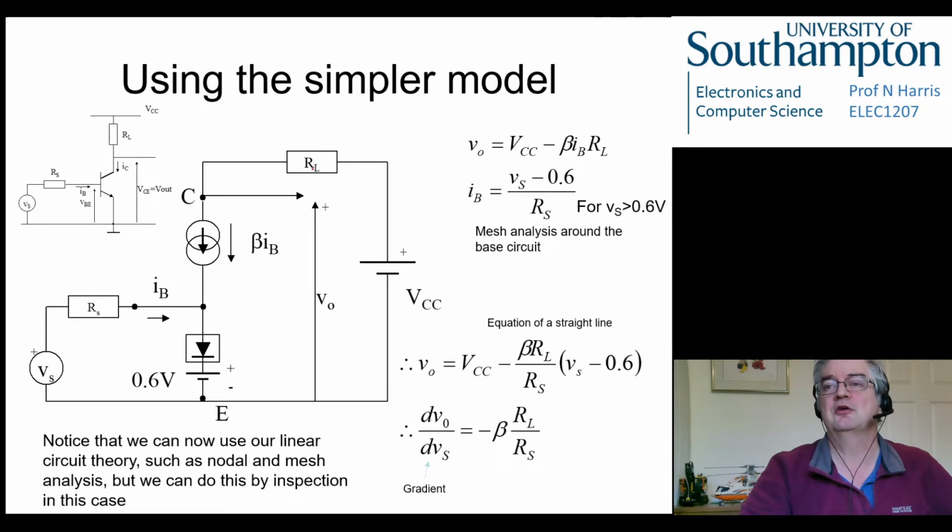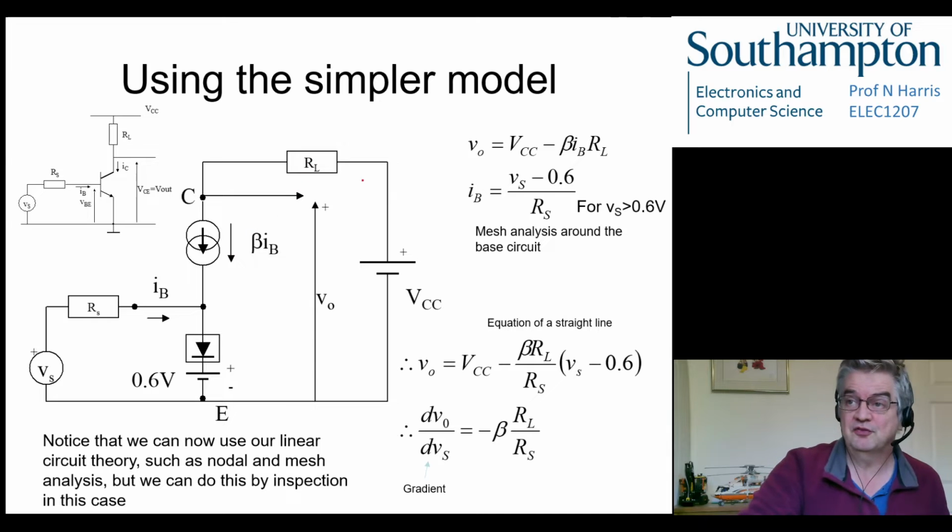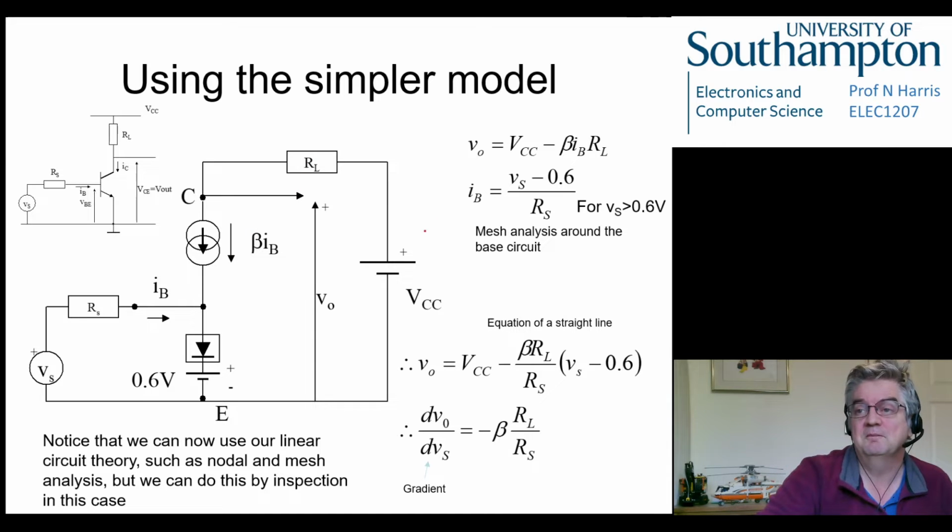V equals I times R. So whatever the voltage drop is across here, we can subtract it from this one, and that gives us V out, and we don't need to worry too much about what's going on down here then. So we can formalize that and say that V out is equal to VCC, which is this voltage here, minus whatever is dropped across here, which is going to be whatever the current is through it, times RL. And the current, if we look at it, is right here, staring us in the face, is beta IB.